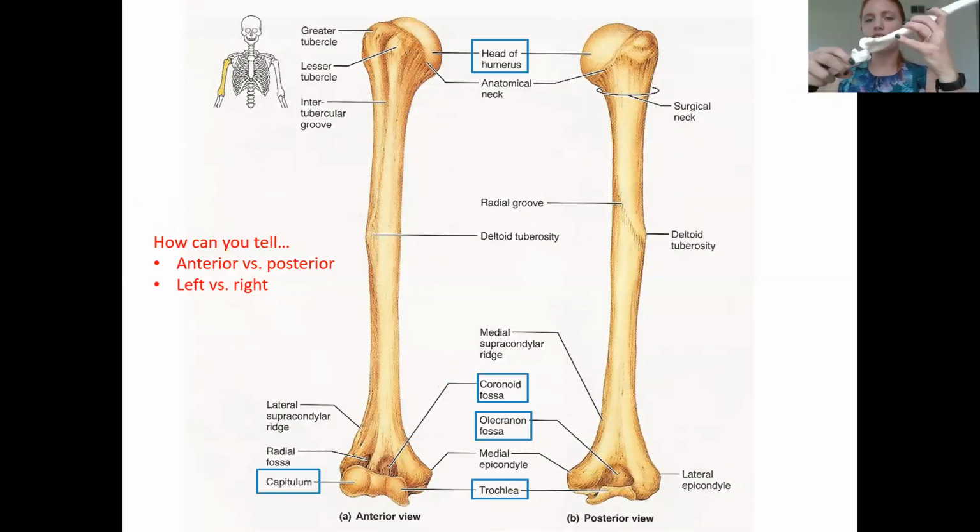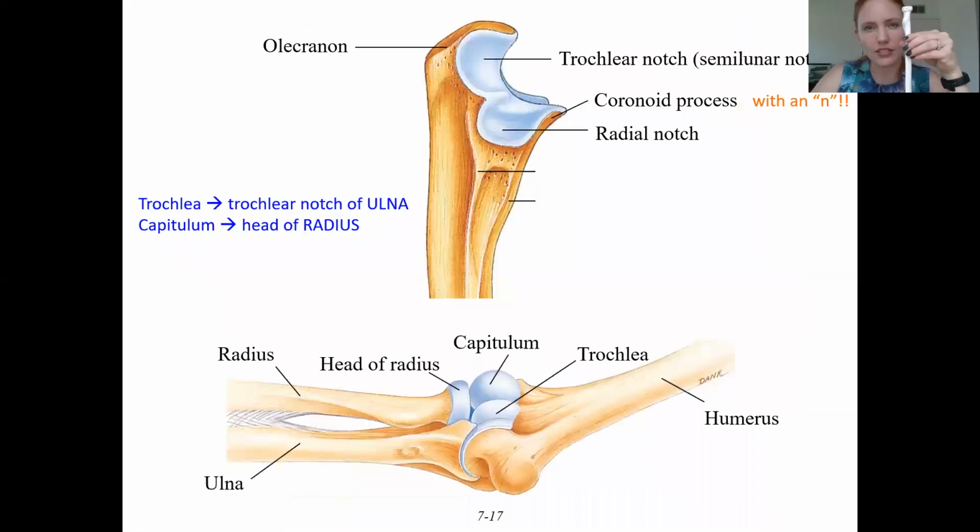One thing I'd like you to notice is, please note that the ulna is going to articulate with the trochlea. What is going to articulate with the capitulum? This one here. This is called the radius.